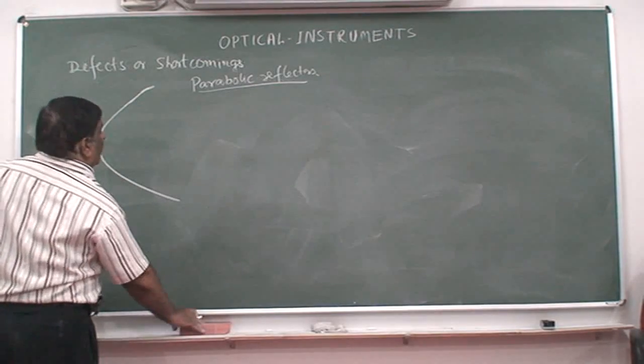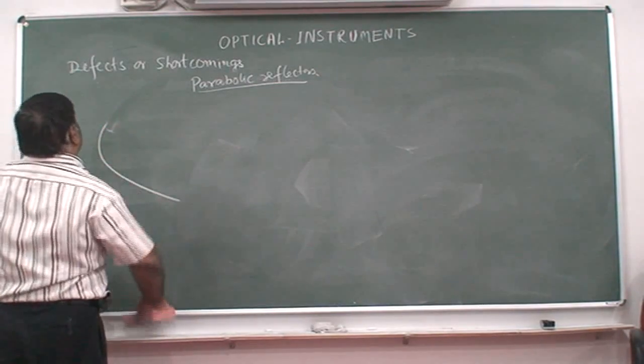Now, because of this parabolic shape, how does the reflection take place?